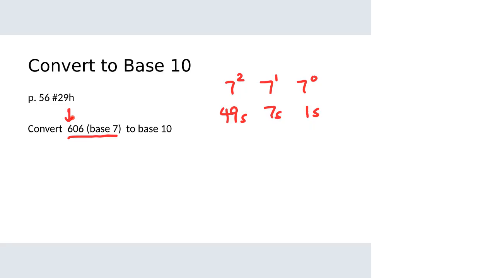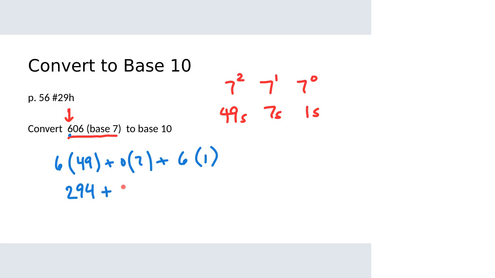Okay, so that means what I have here in this particular problem is I have 6 49s plus 0 7s plus 6 1s. So to write this as a base 10 number, I just need to evaluate that. 6 times 49 is 294. 0 times 7 is 0. 6 times 1 is 6.